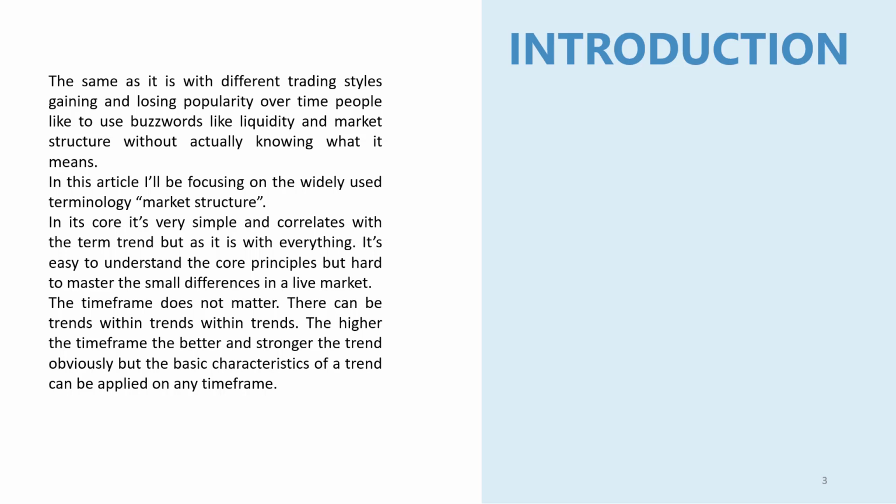In its core, it's very simple and correlates with the term trend. But as it is with everything, it's easy to understand the core principles but hard to master the small differences in a live market. The time frame does not matter.